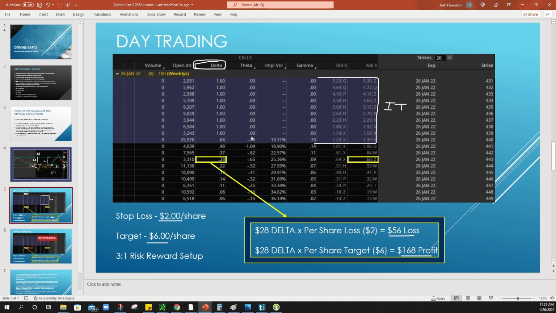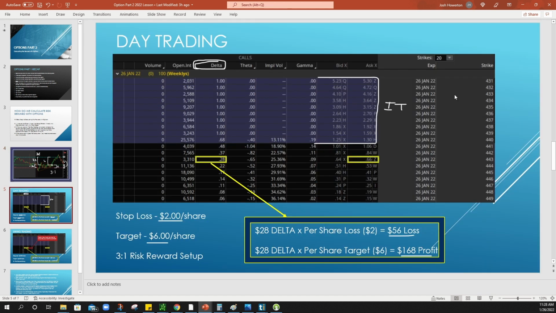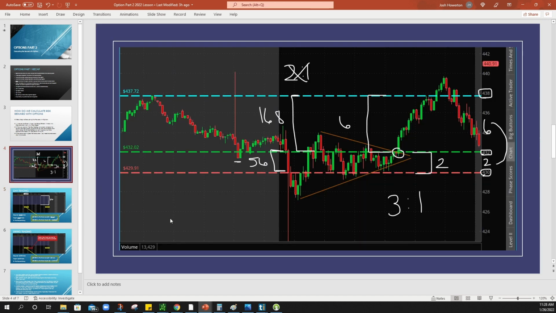So you see how we just took all of this options data. We looked at this options chain, very confusing at first glance, and we were able to take a couple pieces of information and overlay it on the chart. Everything you did on the chart is exactly the same: your entry, stop loss, your target, the pattern, the risk to reward. Now we can overlay all this option data onto the chart.